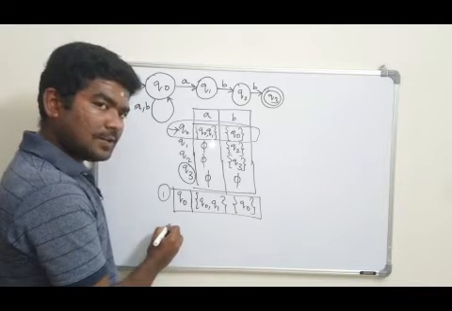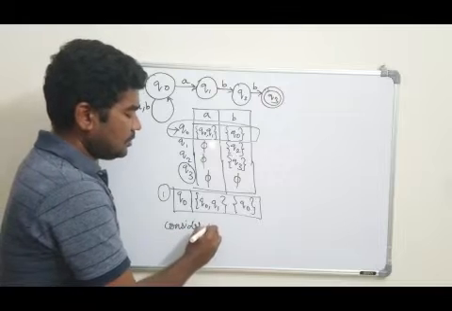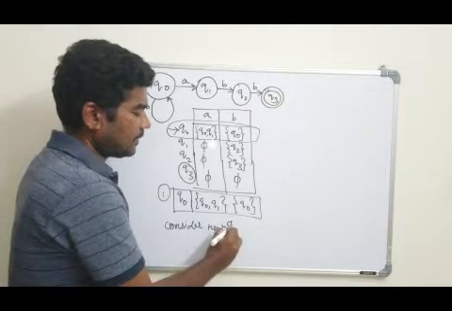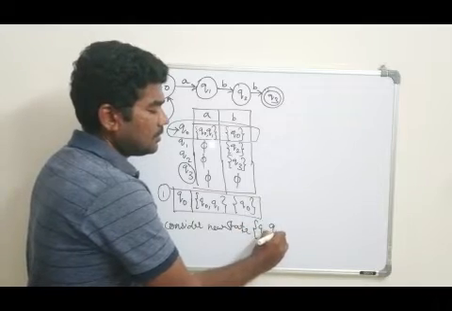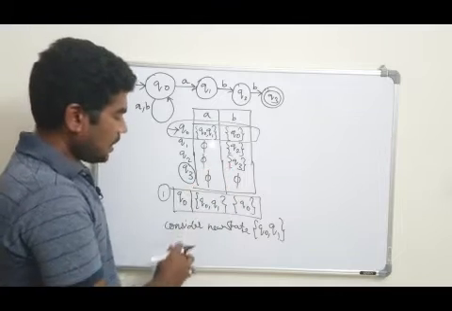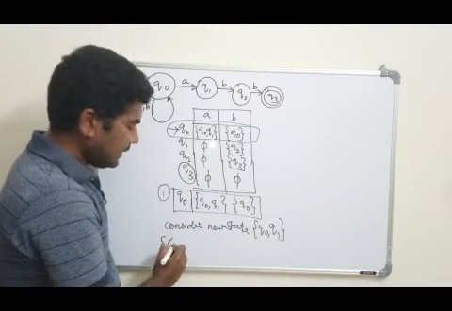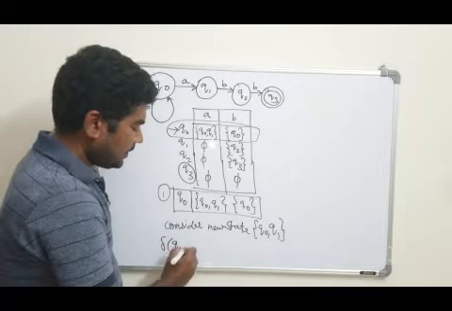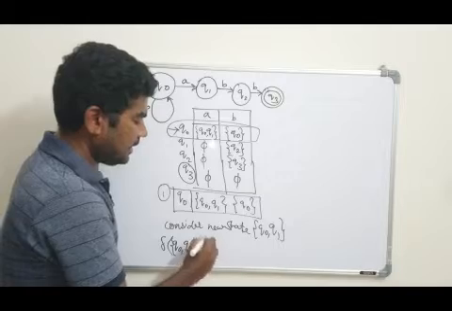So now what I'll do is I'll consider the new state q naught q1 and perform the delta transition with both the inputs. So first I'll take delta transition of q naught comma q1 comma a.